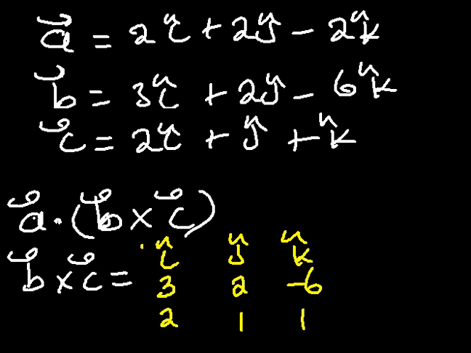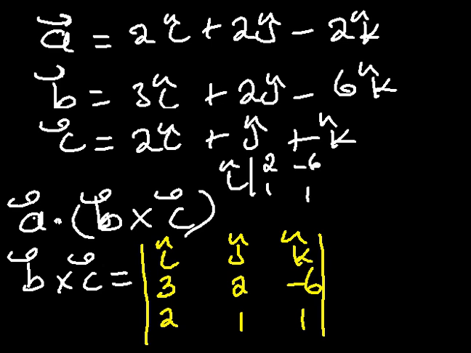Then we have the i component, 2 down 1 and negative 6 down 1. Then minus j, 3 down 2, negative 6 down 1.